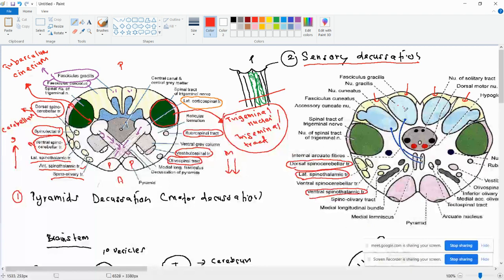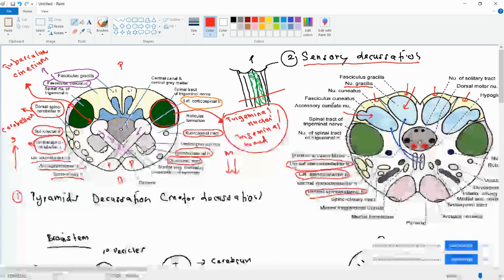And this one is the cuneatus nucleus. This is your gracilis nucleus, and this is your cuneatus.